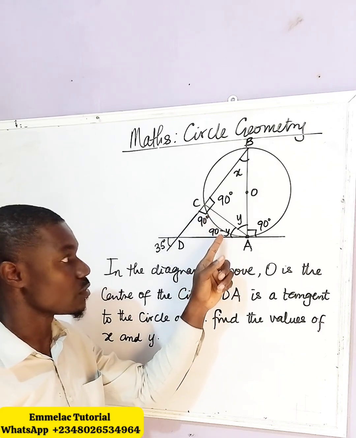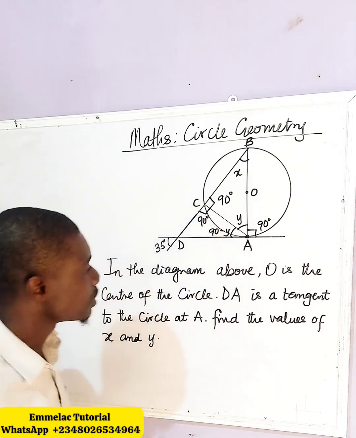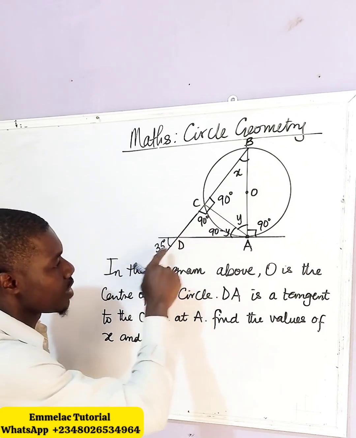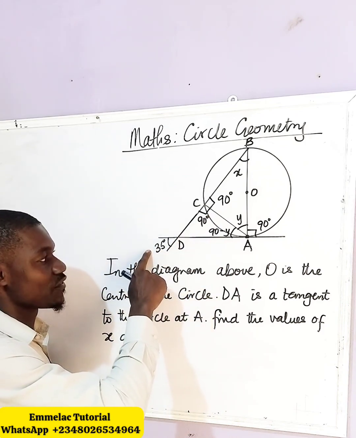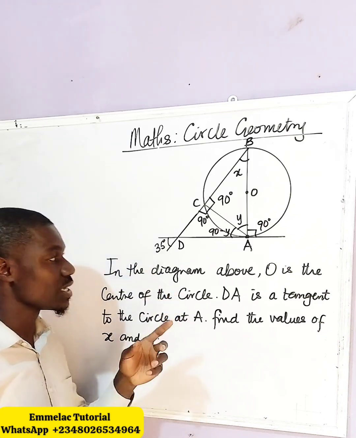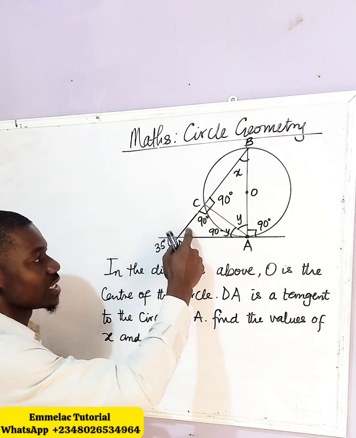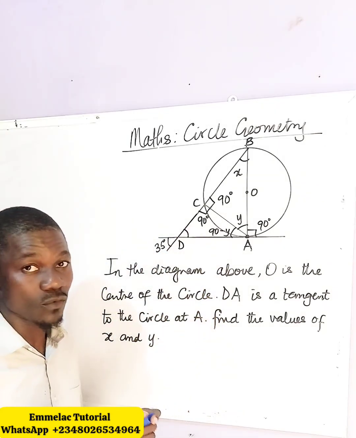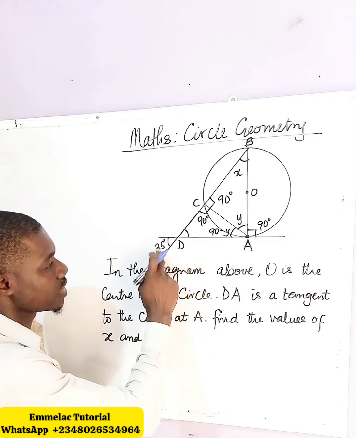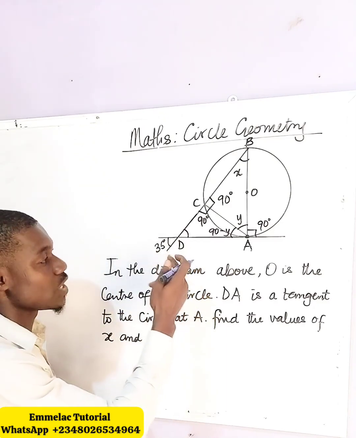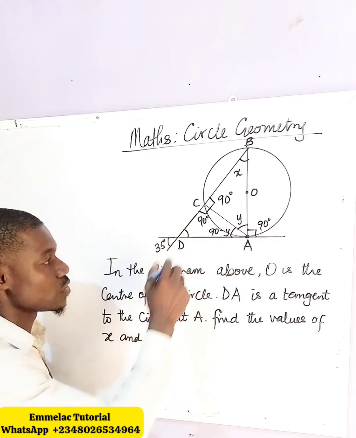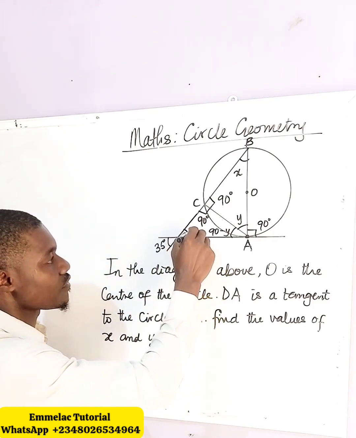Now here we don't know. However, this is 35. We can actually get this angle in two ways. We can say this angle is equal to 35, because this angle is vertically opposite to this angle. So here we have 35.